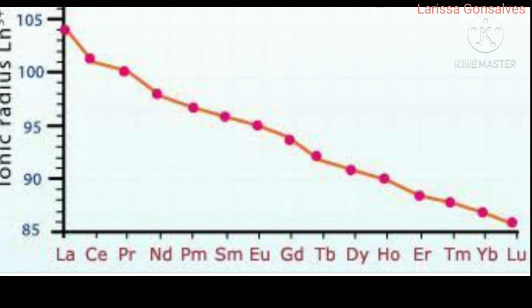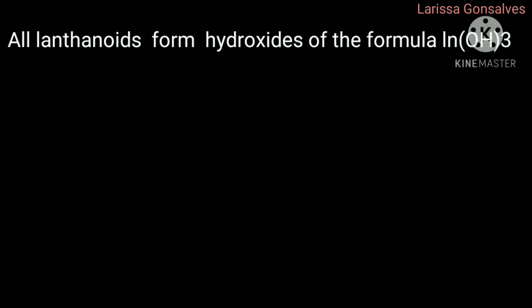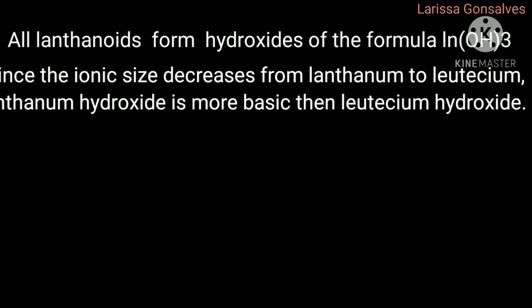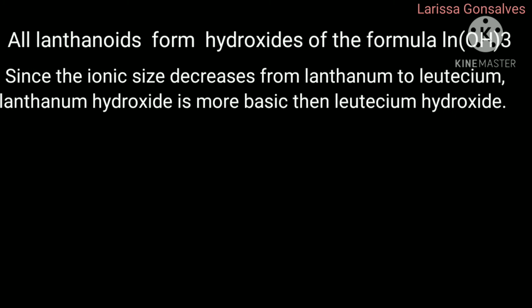All the lanthanoids form hydroxides of the general formula Ln(OH)3. Here Ln is any element of the lanthanoid series. The hydroxides formed are ionic and basic in nature. We are aware that the ionic size decreases from lanthanum to lutetium, hence lanthanum hydroxide is the strongest base while lutetium hydroxide is the weakest base.